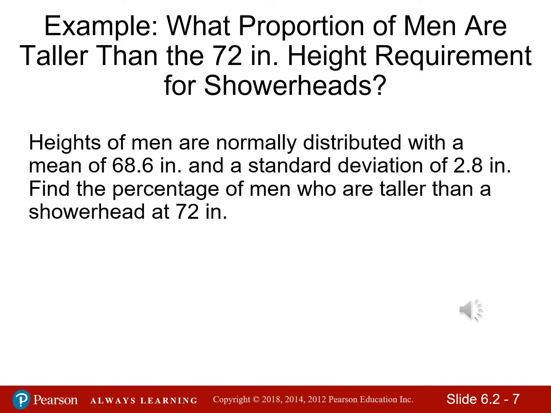Let's consider this example. Heights of men are normally distributed with a mean of 68.6 inches and a standard deviation of 2.8 inches. Let's find the percentage of men who are taller than a specific shower head that is set at 72 inches.